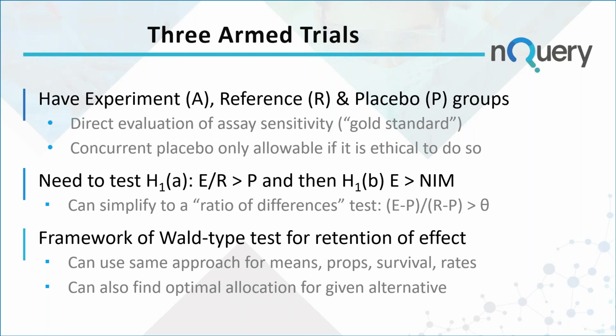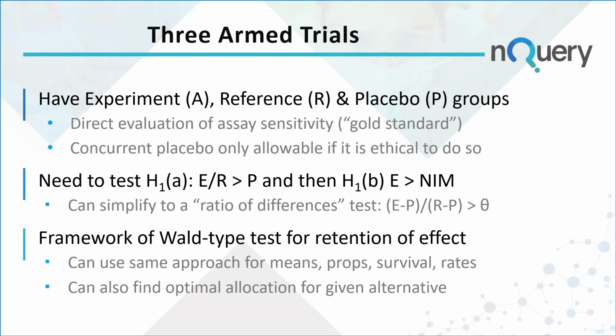And then if those two are non-inferior, or equivalent if you're doing the equivalence hypothesis, then we have proven that we removed the assay sensitivity problem, because we now know they're both better than placebo. Even if the conditions have changed, since we're comparing both to placebo, we have that confidence that actually there is a real effect. And now we also have proved that equivalent is equal to reference.